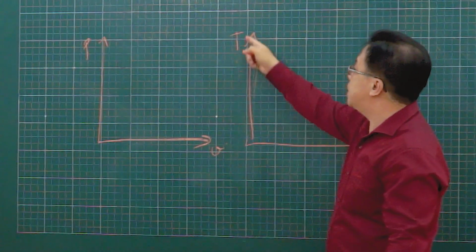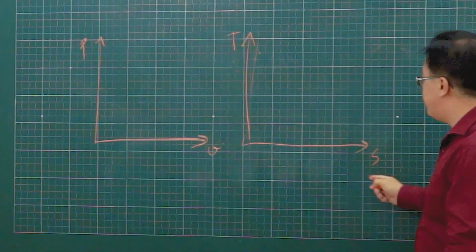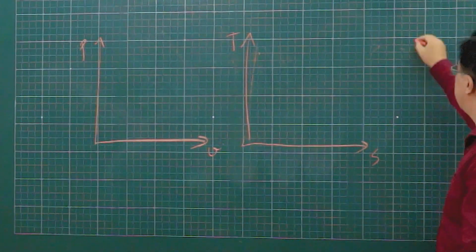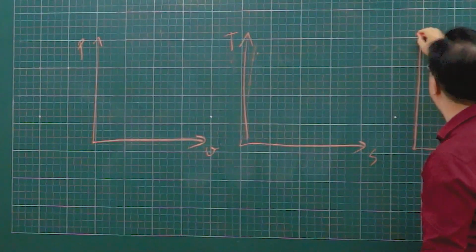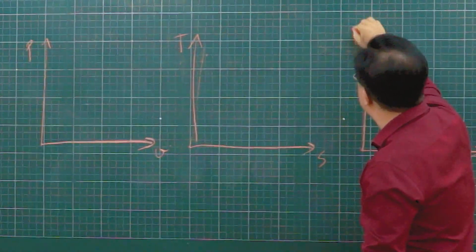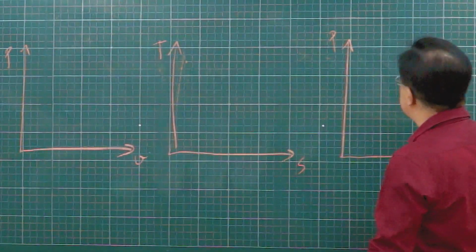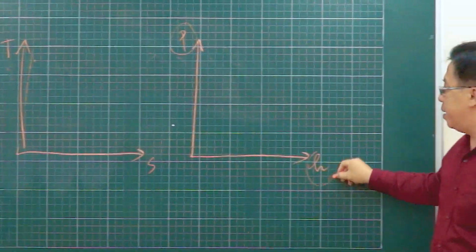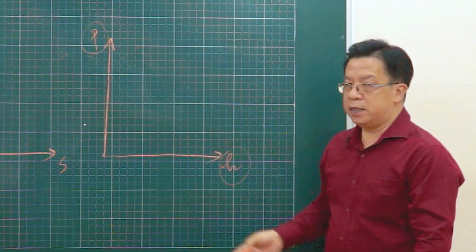That means we use the temperature T and the entropy S to make the diagram. Another example, we use P and H. That means we use the pressure P and the enthalpy H to make the diagram.